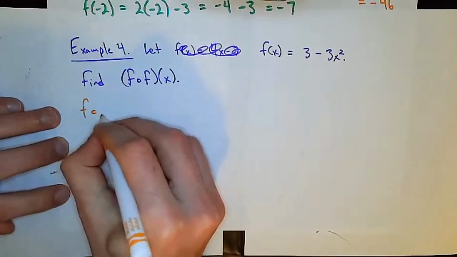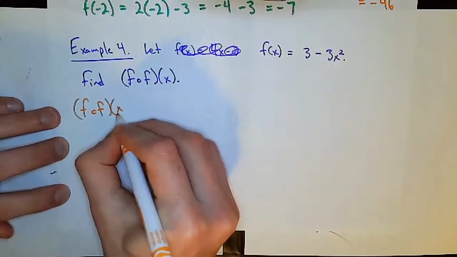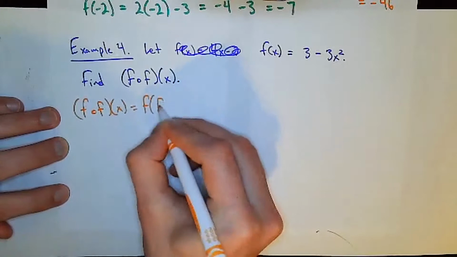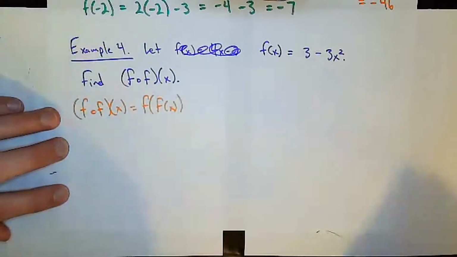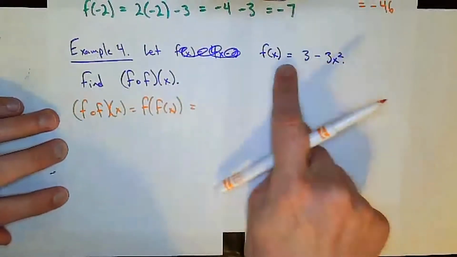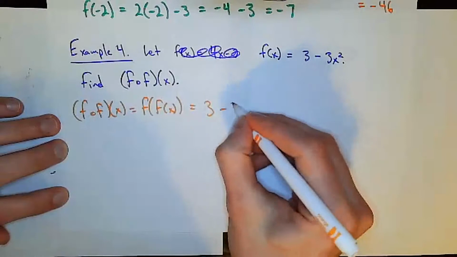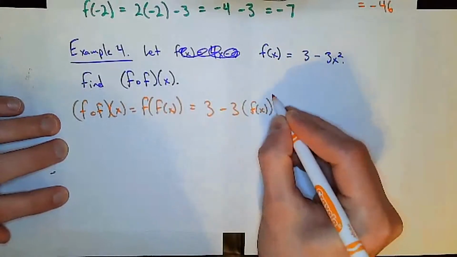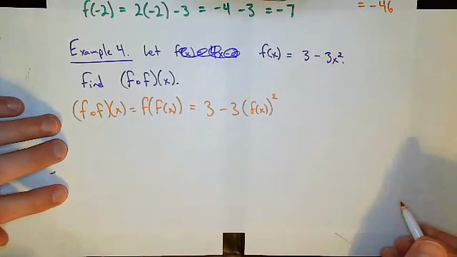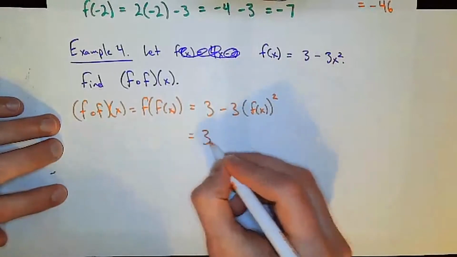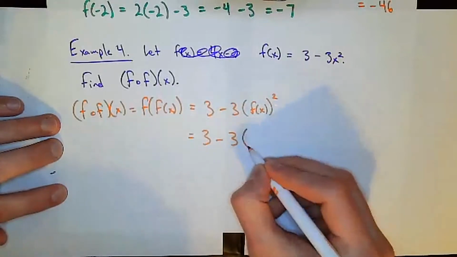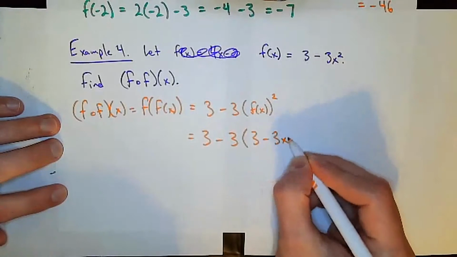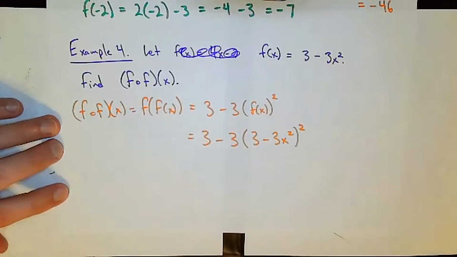So I'm going to say, first of all, by definition, f composed with f at x is equal to f of f of x. So I'm literally going to write the f of x function, 3 minus 3, and instead of x squared, it's f of x squared. Okay. That's going to be the same as 3 minus 3 times f of x, which is 3 minus 3x squared, and then all squared. Okay.